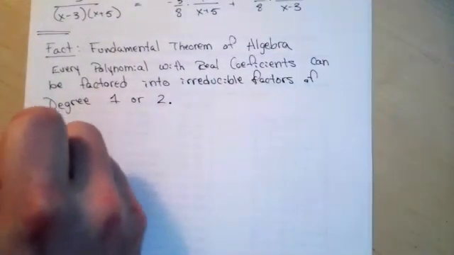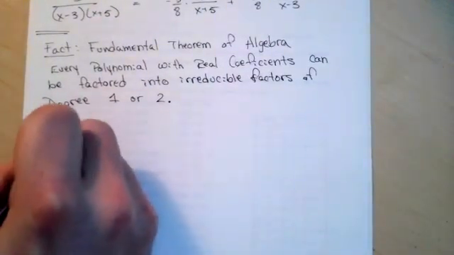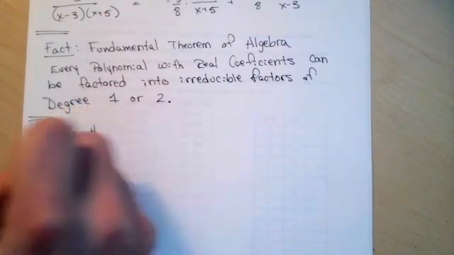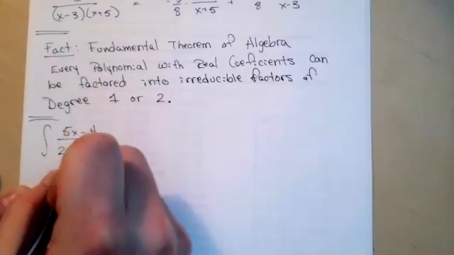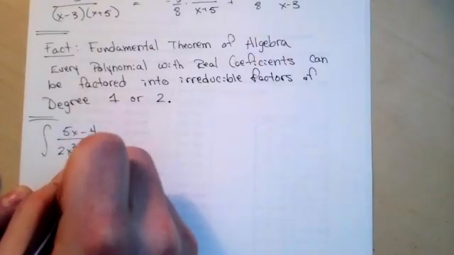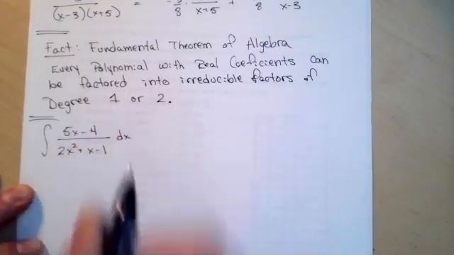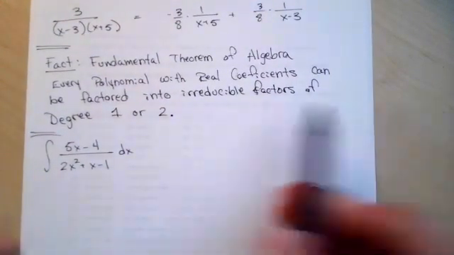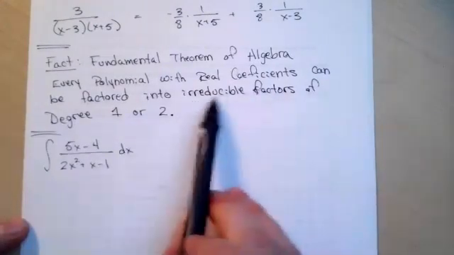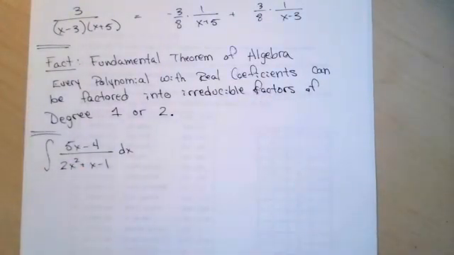So let's do the integral of (5x minus 4) over (2x squared plus x minus 1) dx. And I guess I should mention, what do I mean by irreducible factors? I'll explain that as we come. Our second example will be something along those lines.